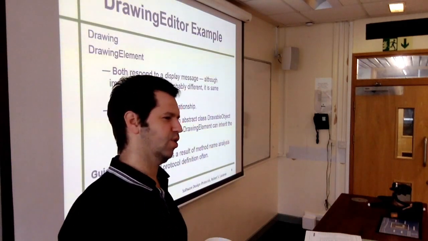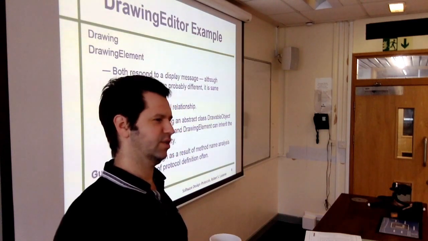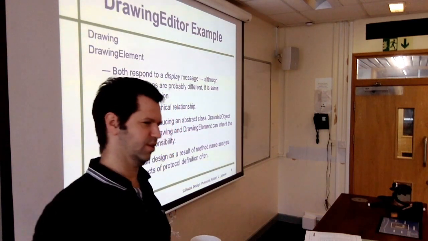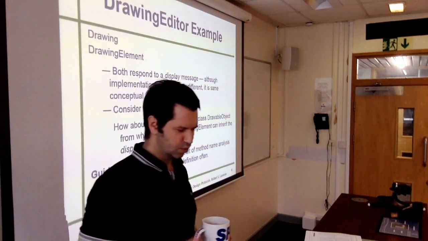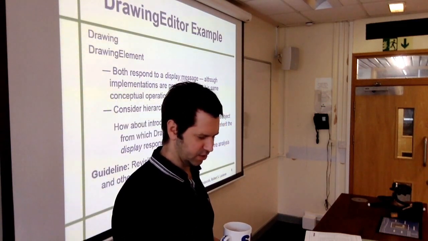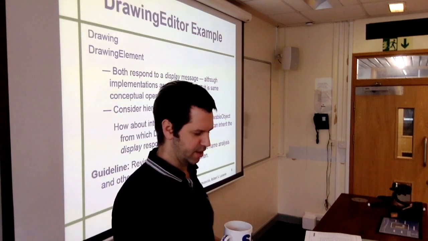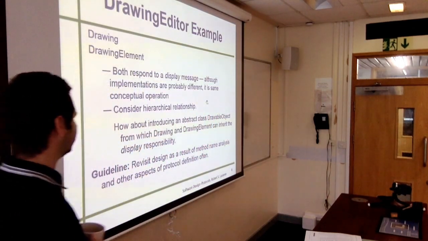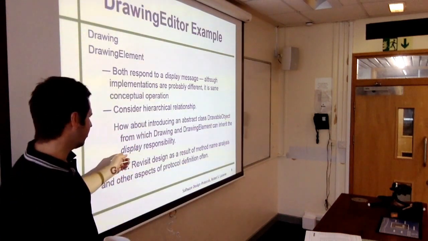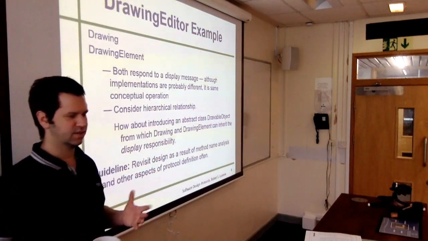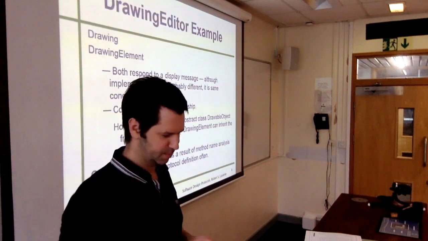Each object in a drawing program knows how to display itself or render itself. We could consider a hierarchical relationship by introducing an abstract class like drawable object, and they could inherit the display responsibility. That's a possibility.